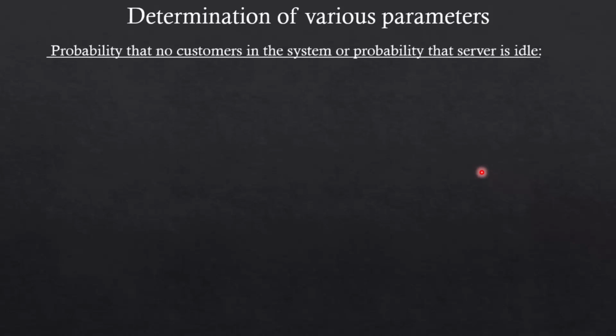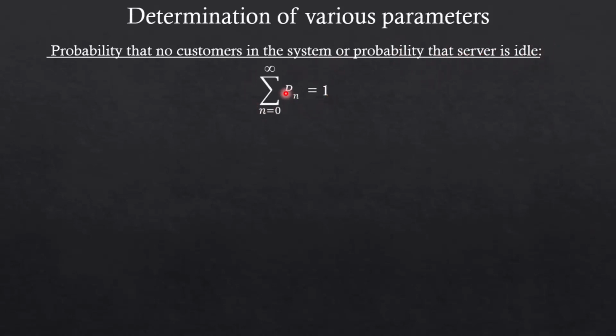Now let us determine the various parameters we need to use in this model. The first one is the probability that there are no customers in the system, or the probability that the server is idle.